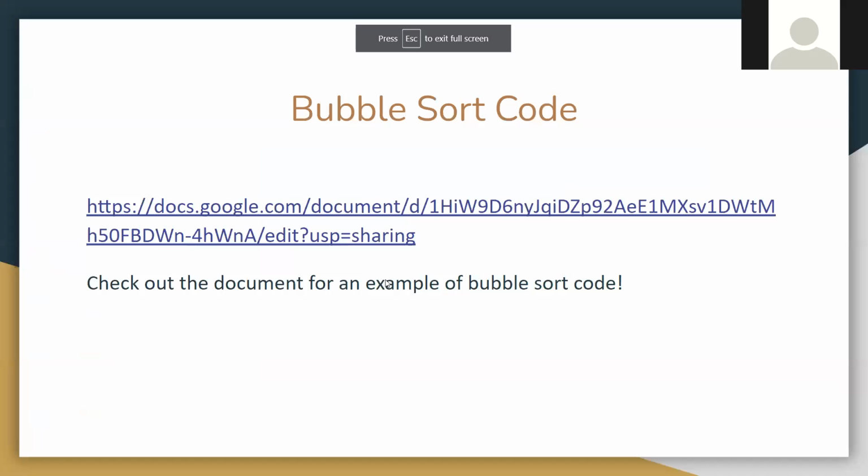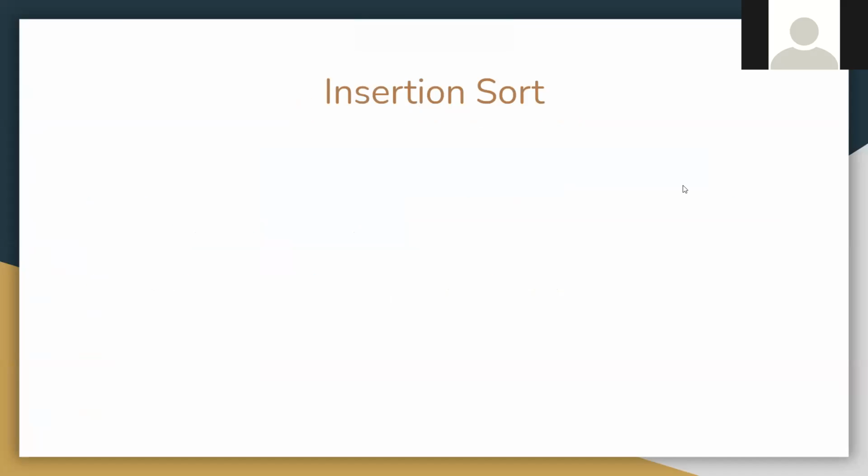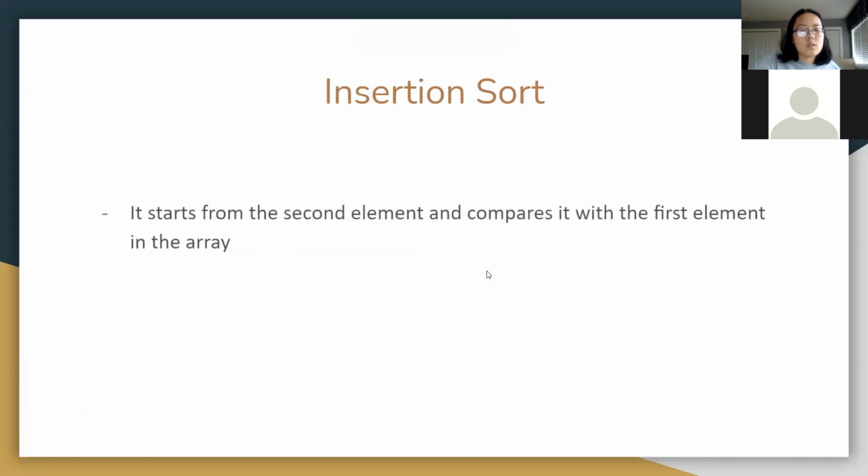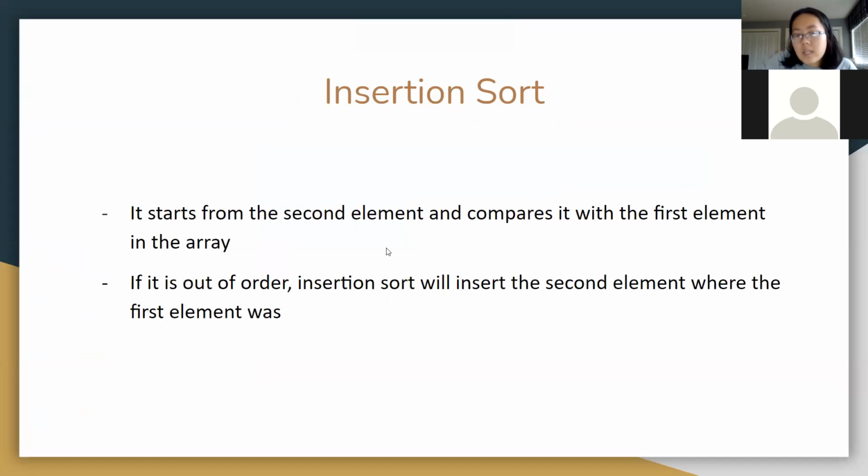Right, anyways, that is bubble sort. Today we're going to learn 3 inefficient sorts. So the next one we're learning is insertion sort. What this means is it starts from the second element of the array and compares it with the first element. If it is out of order, then insertion sort will insert the second element where the first element was.